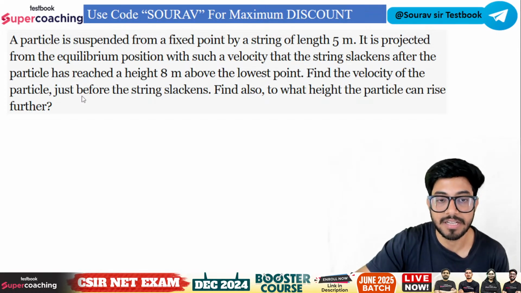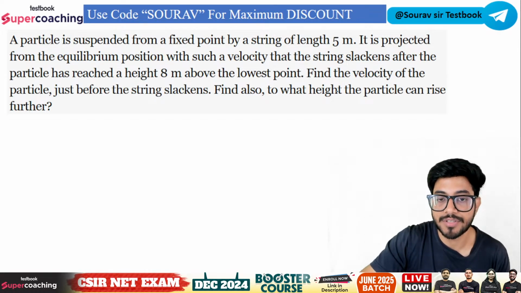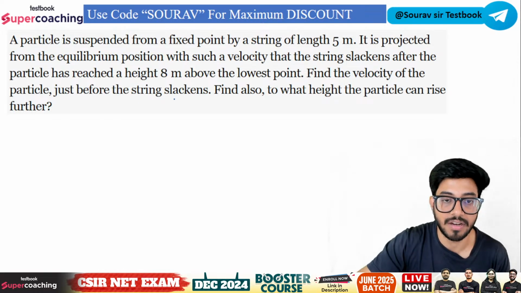Find the velocity of the particle just before the string slacks. Find also at what height the particle can rise farther.